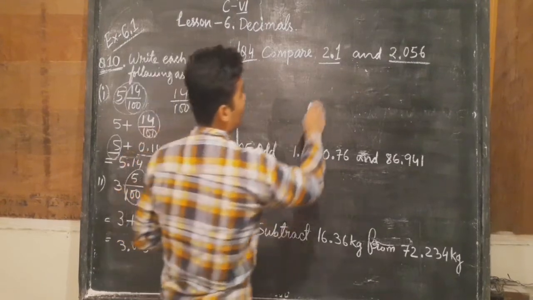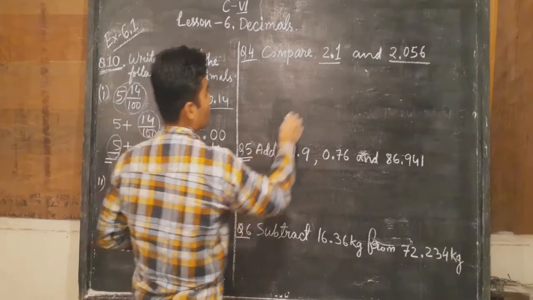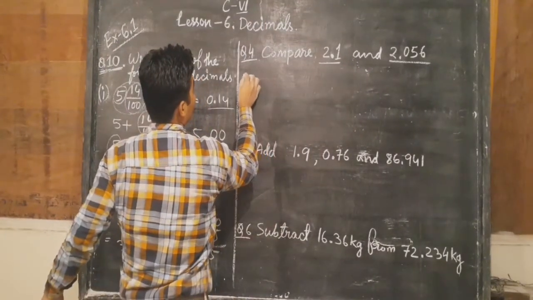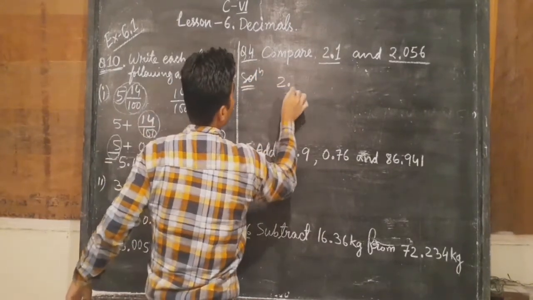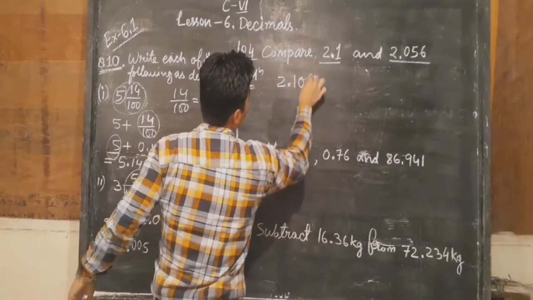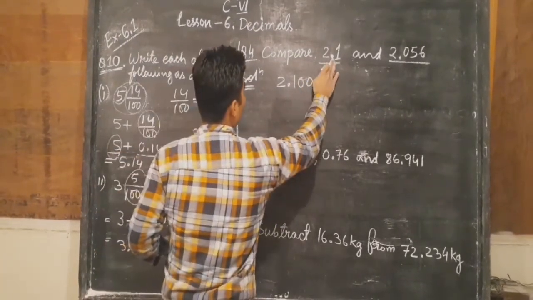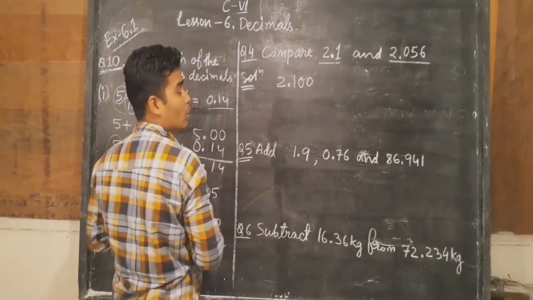If you make both decimal numbers with the same decimal places, like this, you will see, if you put 2 zeros after this decimal place, you can see 2.1, then the value of this decimal number will not change.